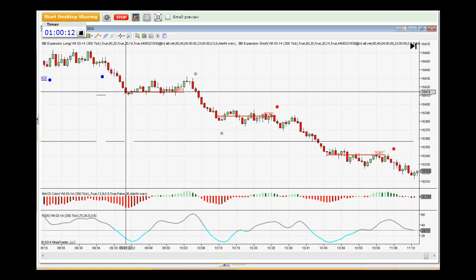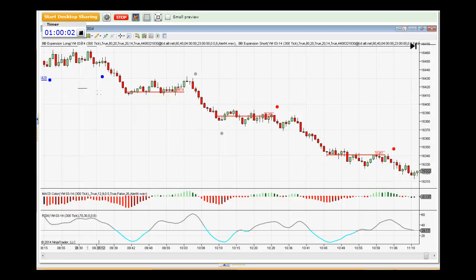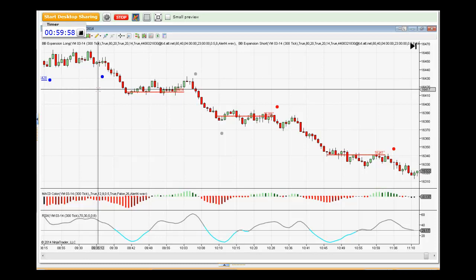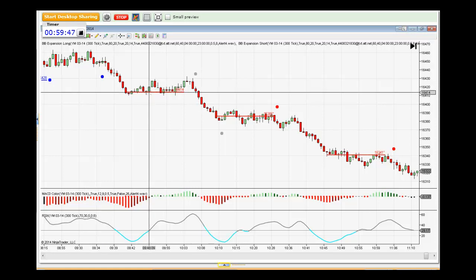Prior to these prices being hit, the system is evaluating both a high and a low, so a breakout long or a breakout short. And whichever price is met, that's the way that we say the market is going to continue to flow in that direction.